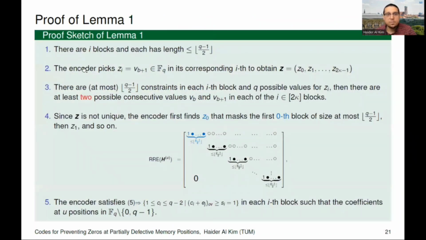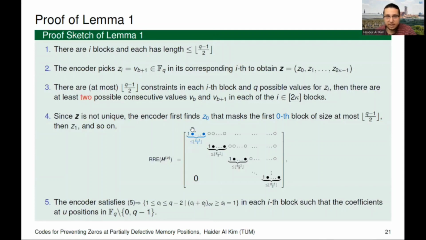So there are i blocks, and each has a length at most floor of q minus 1 over 2. The encoder picks some z value equal to v_p plus 1 in F_q in its corresponding i-th block.